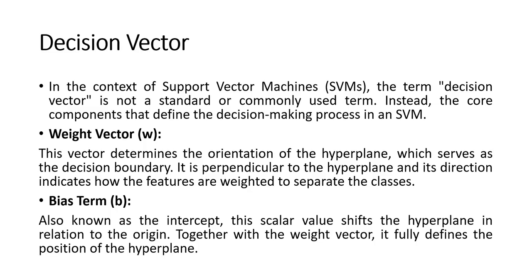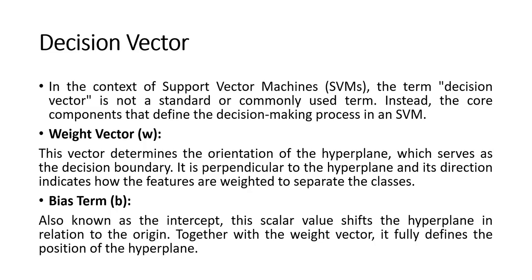The weight vector w. Now let's understand the most important component, the weight vector. The weight vector controls the orientation or direction of the hyperplane. Think of the hyperplane as a straight line dividing two groups of students, those who passed an exam and those who failed.